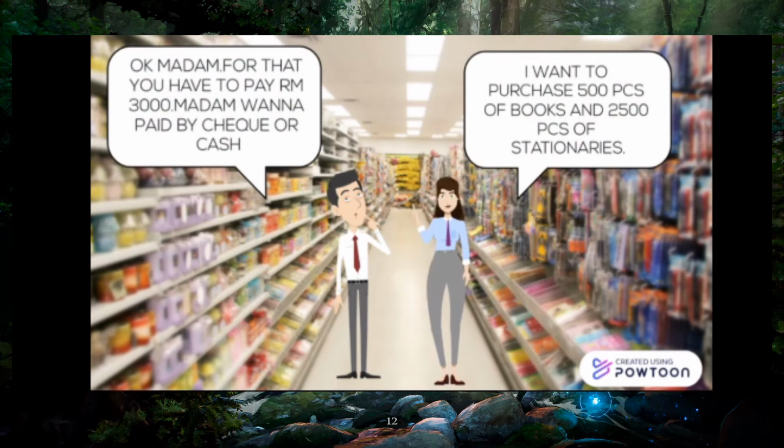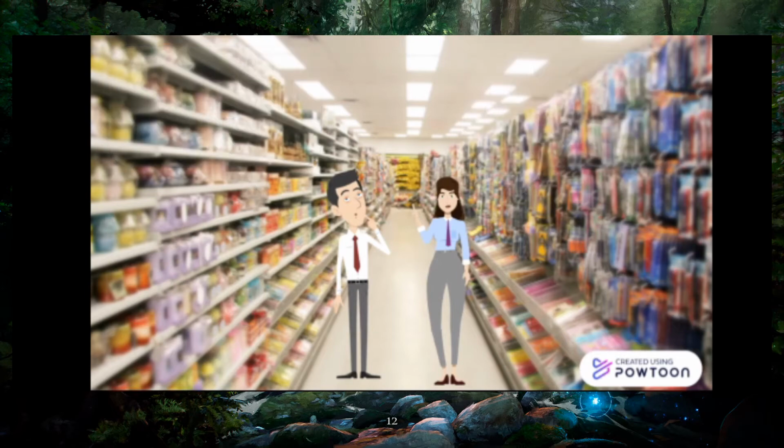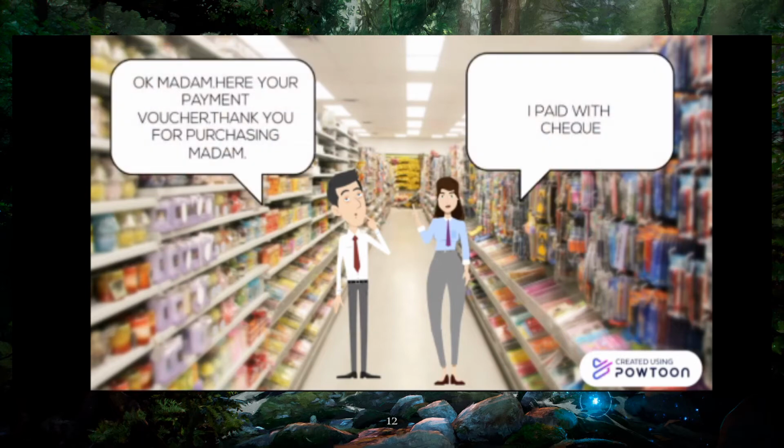I want to purchase 500 pieces of books and 2500 pieces of stationery. Okay, madam. For that, you have to pay RM3000. Madam, would you like to pay by check or cash? I paid with check. Okay, madam, here is your payment voucher. Thank you for purchasing, madam.